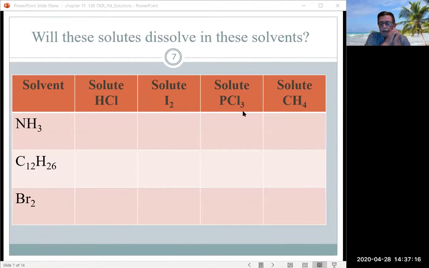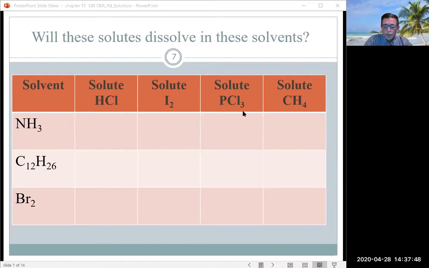Now, you might get a table like this to look at to determine whether the solute, which is on the top of the column, will dissolve in these solvents. You have three different solvents. NH3, otherwise known as ammonia, and then you have C12H26. You may not know what that compound is, and that's okay, but I hope you can recognize that that formula consists of nothing but carbon and hydrogen.